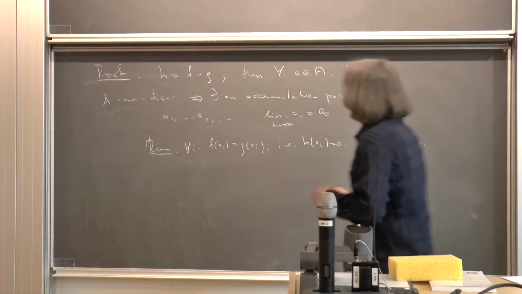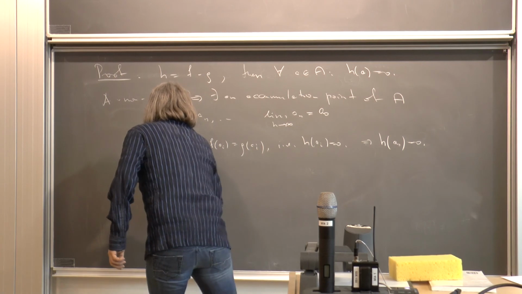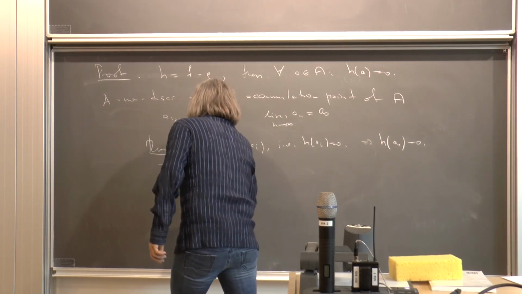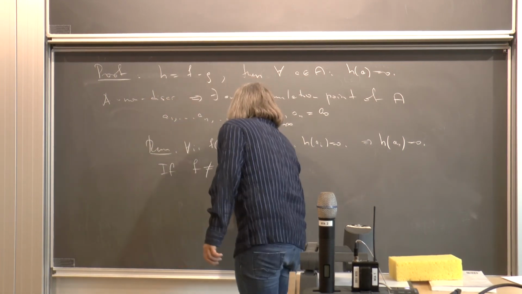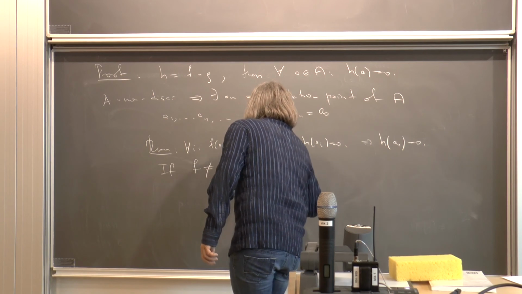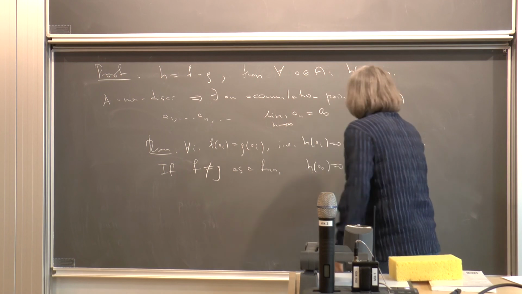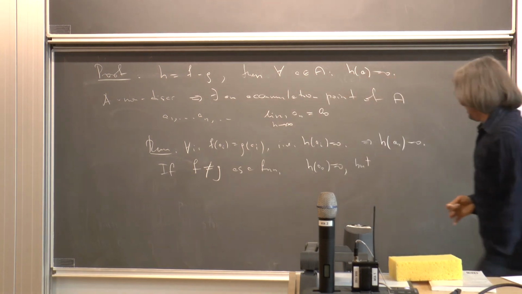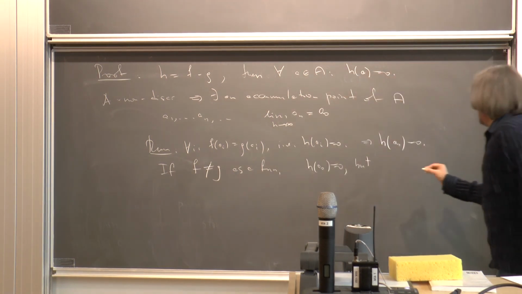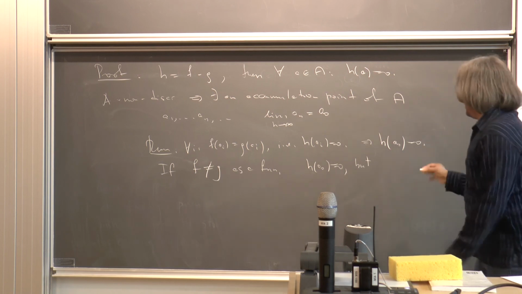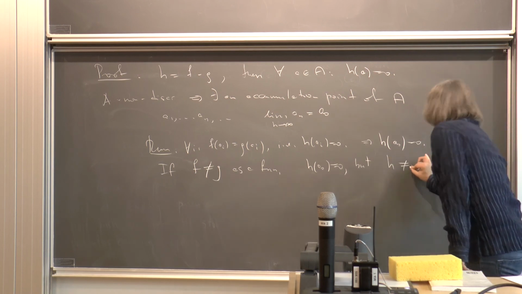So if f is not equal to g as a function, h of a0 is 0, but h as a function is not 0.